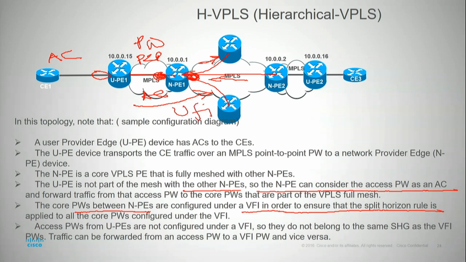And access pseudo wires from UPEs are not configured under VFI, so they do not belong to the same split horizon group as VFI. So traffic can be forwarded from an access pseudo wire to VFI and vice versa, meaning we can forward traffic from here to any other pseudo wires.